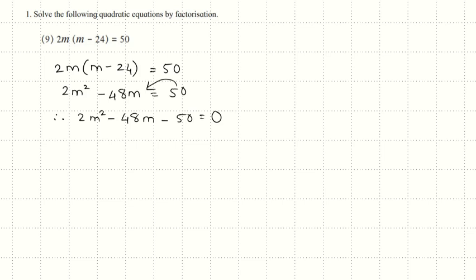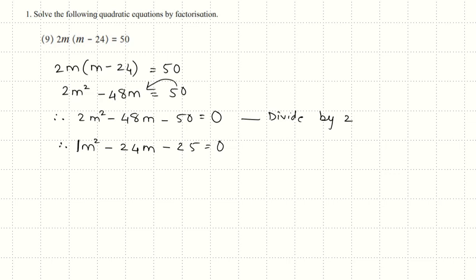Now to make this easier, we will just divide the entire equation by number 2. So on dividing it, we get m square minus 48 divided by 2 is 24m minus 50 divided by 2 is 25 is equal to 0. Now here the coefficient of m square is 1.